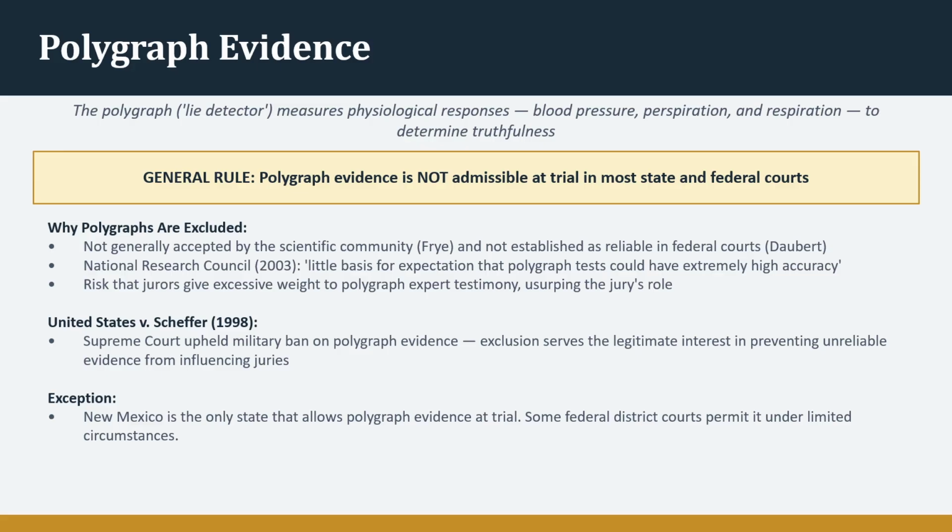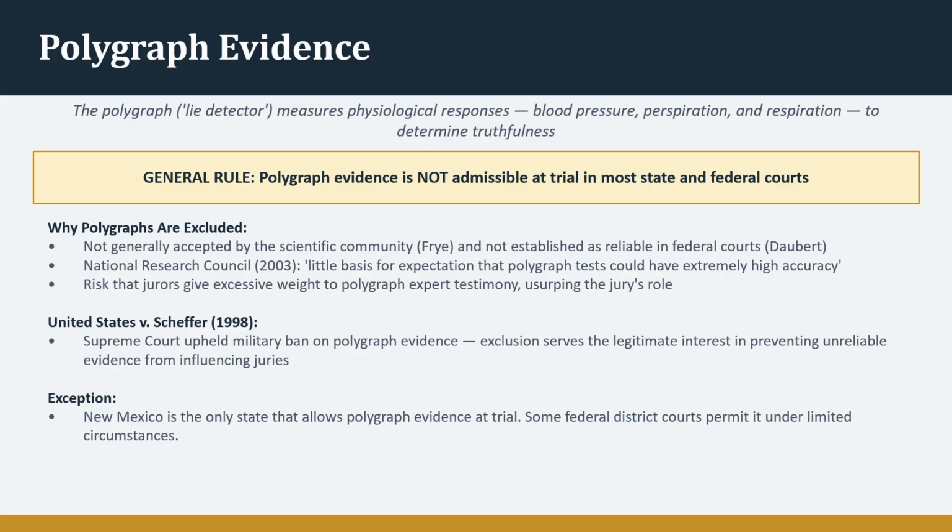The council identified a number of specific problems: the lack of standardized training and administration, the ability of subjects to defeat the test through countermeasures, controlled breathing, physical discomfort, or mental exercises, the absence of reliable data on error rates across different ethnic and demographic groups, and the simple fact that innocent people under stress may register the same physiological responses as guilty people who are just lying.